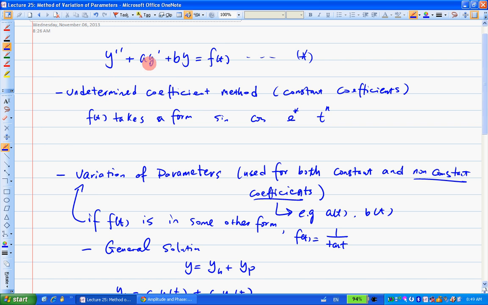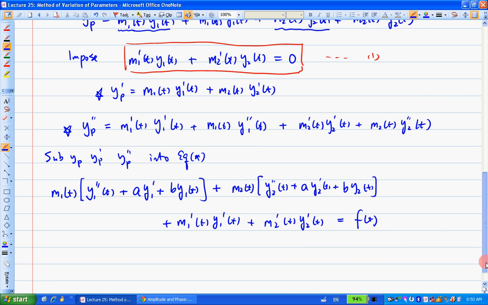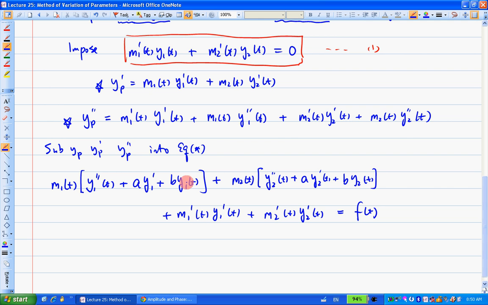So you put y1 here, this term should be 0, because homogeneous means this is 0. You put y2 in here, that whole term should be 0. So this term and this term are gone, and all you are left with is this one here.